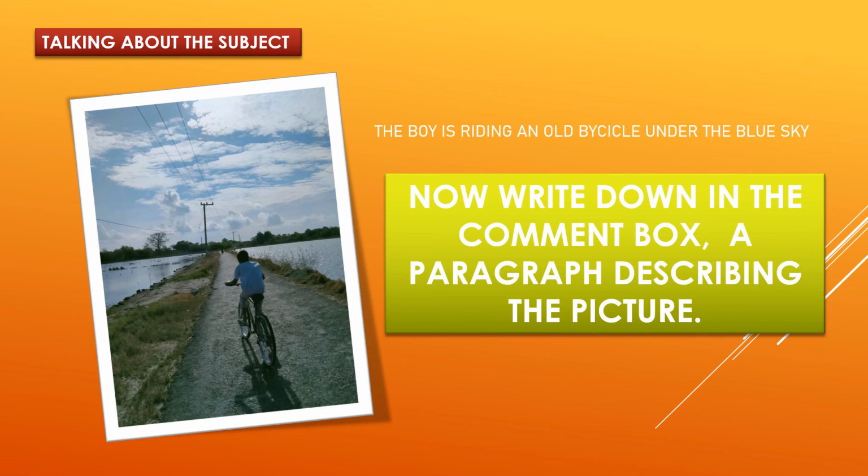Now I want you to write down in the comment box the continuation of my sentence. Make a paragraph based on the picture here. I will read your paragraph in the comment box, so don't forget to put down your names and your class.